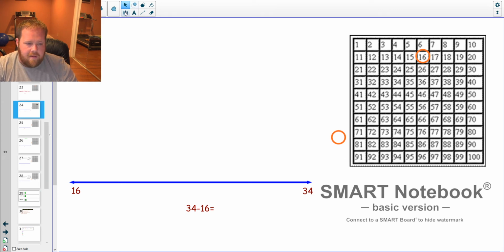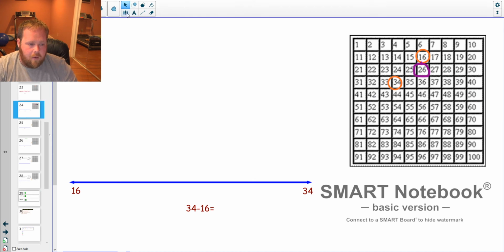Now, when we're looking down, can we go down 10? Yes, we can, because we're only at 26. And that is not 34 yet. Here's 34. Let me put that right here.